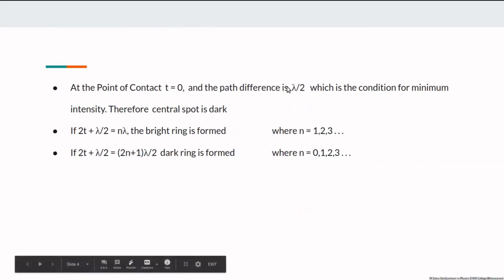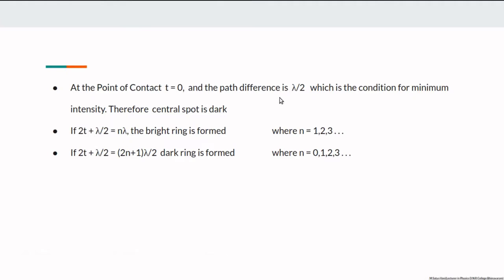We know that in the theory of interference fringes, when the path difference between the two interfering rays is equal to an odd multiple of lambda by 2, we get a dark ring. Therefore, this path difference lambda by 2 is the condition for minimum intensity. Therefore, a dark spot is observed. Therefore, the central spot in Newton's rings experiment is dark.